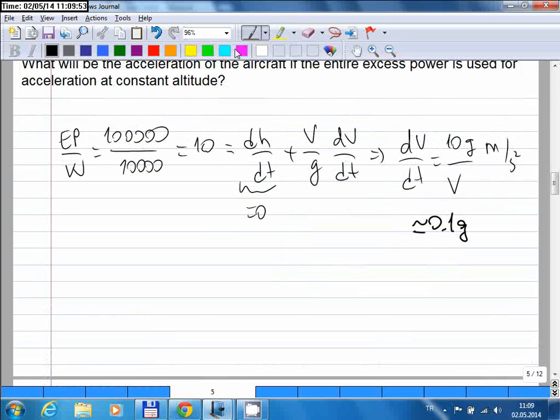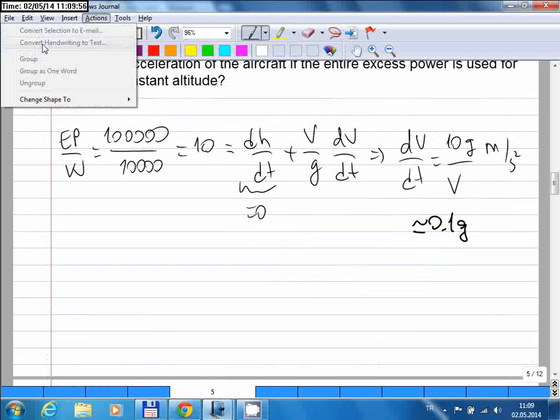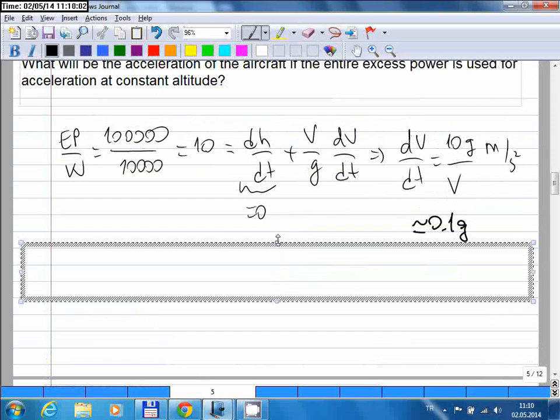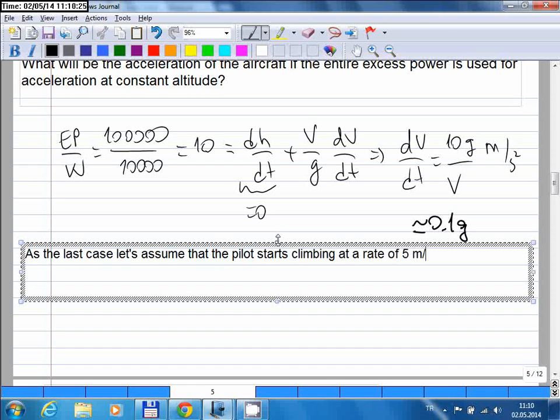In addition to this, in the last case, let's assume that the aircraft starts climbing at a rate of 5 meters per second, and the rest of the excess power is used for acceleration. What will be the acceleration?